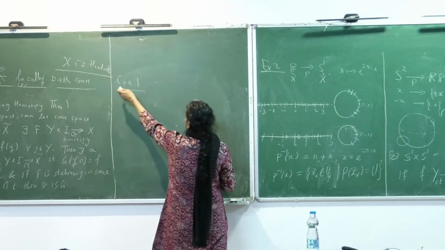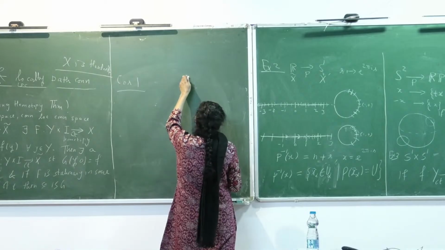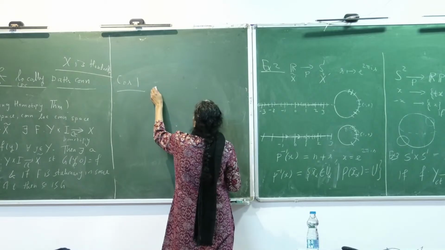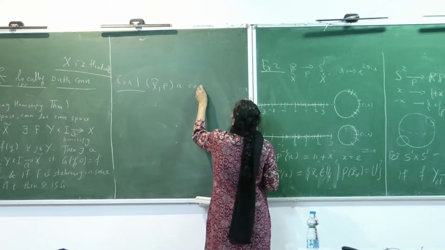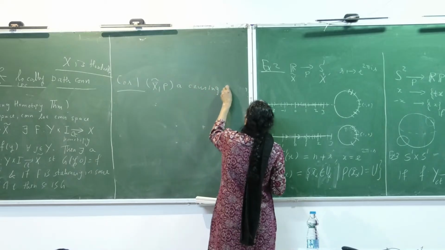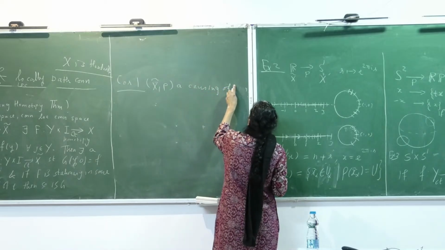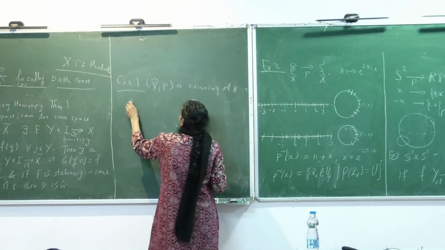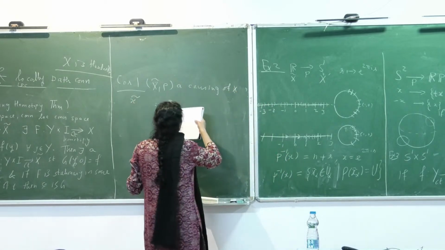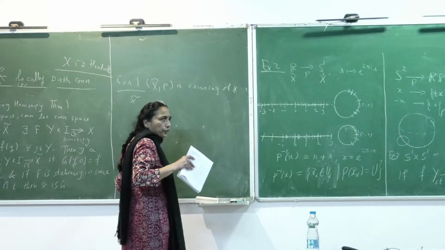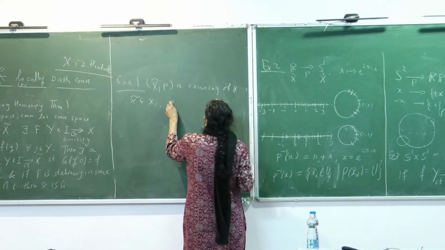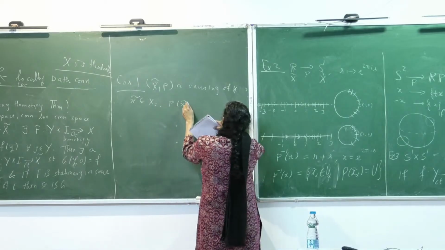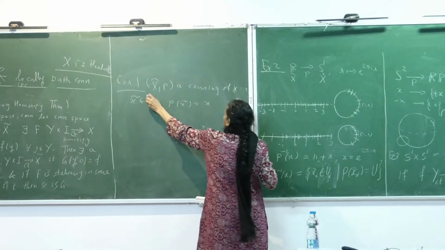So you have X tilde, P is a covering space of X, and you choose a point x tilde, so they are path connected, so fundamental groups are isomorphic everywhere, with P of x tilde equal to x.